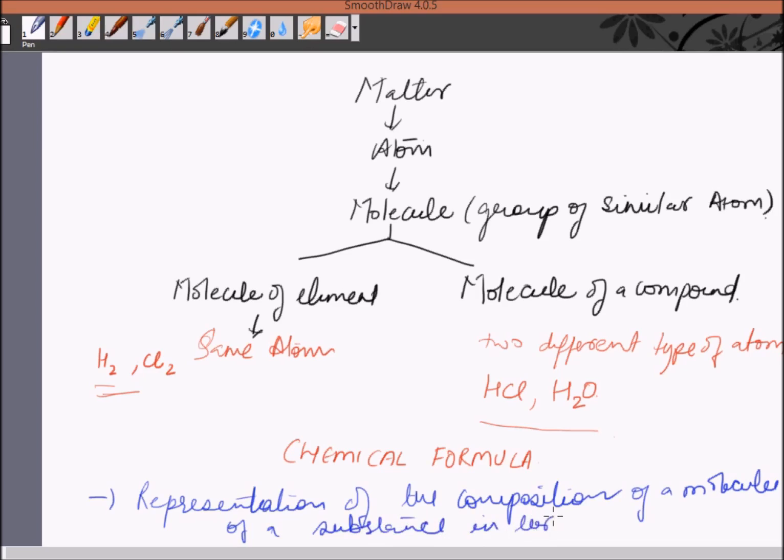In terms of symbols of the elements. The chemical formula is also sometimes called the molecular formula.